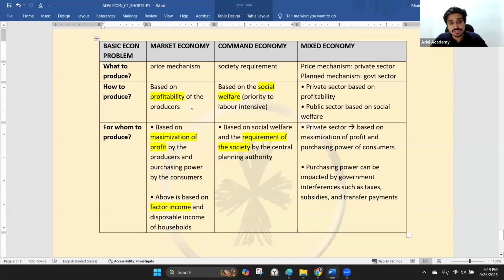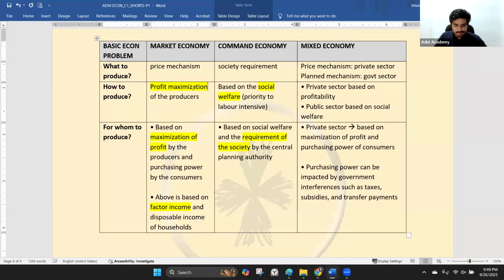And then how to produce. As far as how to produce is concerned, market economy will always be about profit maximization, right? Or we can say based on profitability. They are always about how can we maximize profits.